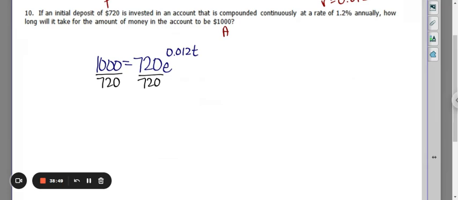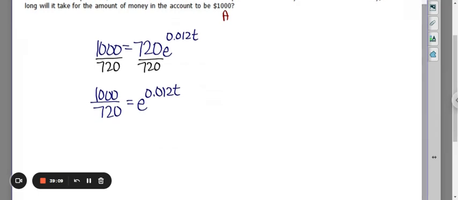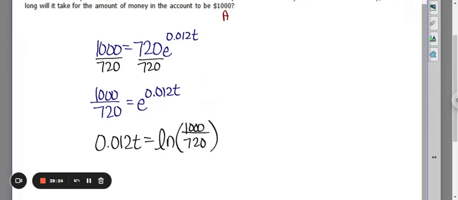If you want, you can take off a 0 or just leave it the way it is. The nice thing with natural logarithms is when you rewrite this as a log, there's no change of base you have to worry about. It just goes directly to 0.012 T equals the natural log of that.